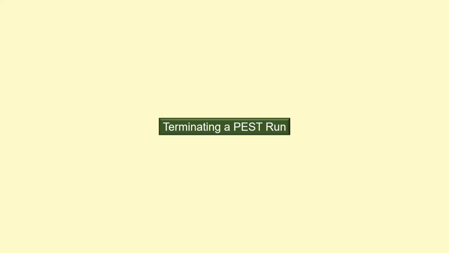Now I would like to address the question of when does PEST stop, and the ancillary question of should I let PEST run to completion and stop of its own accord, or should I intervene at some stage and stop it myself?